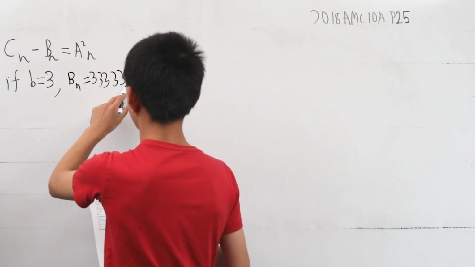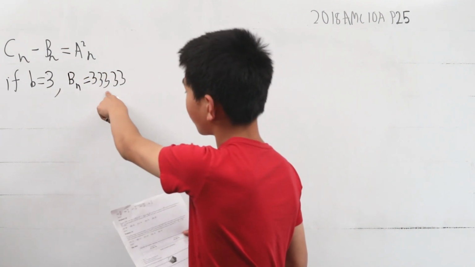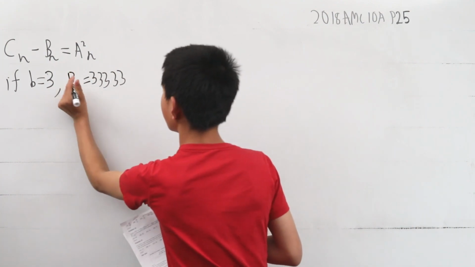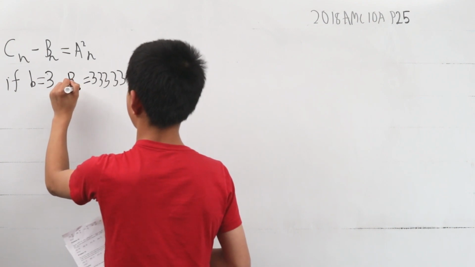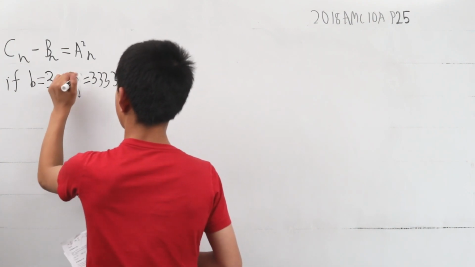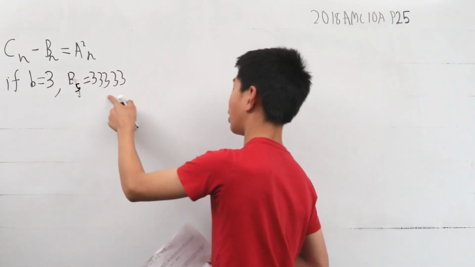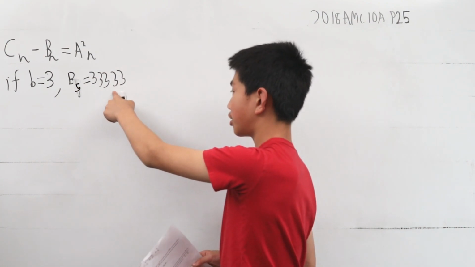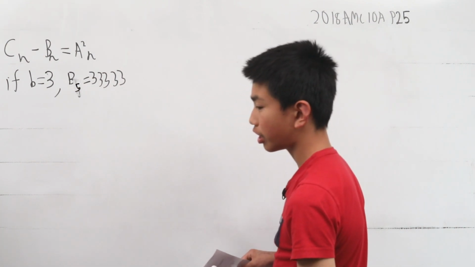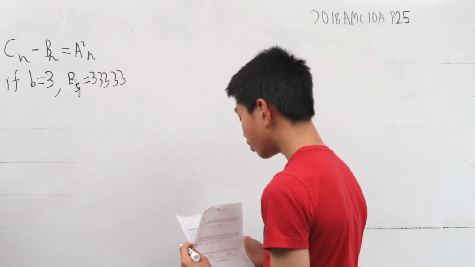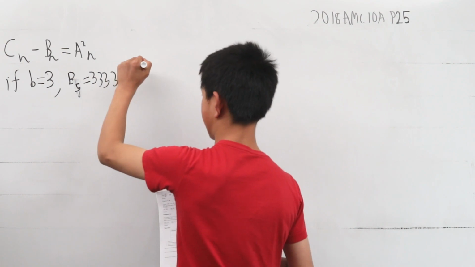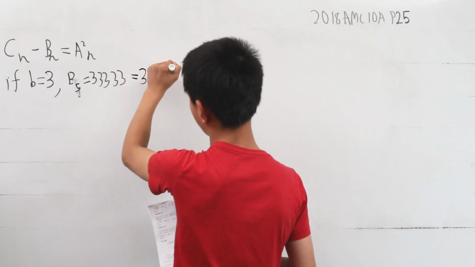Stuff like this occurs. So if n was supposedly 5 and b was 3, then this equation would be true. Now, what can we say about this equation? What we can do is we can factor out the 3: 3 times 1, 1, 1, 1, 1.